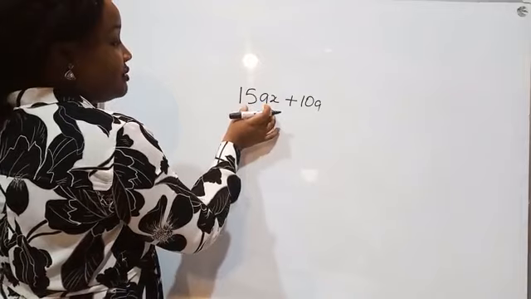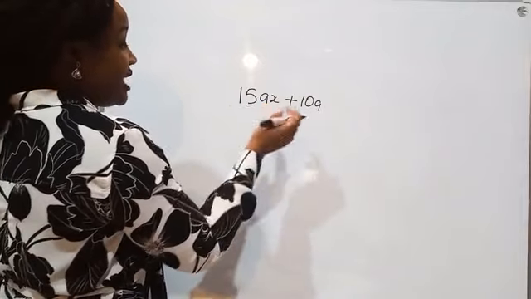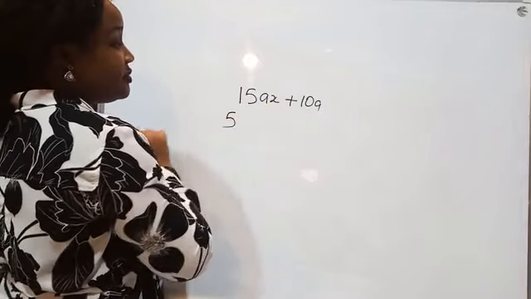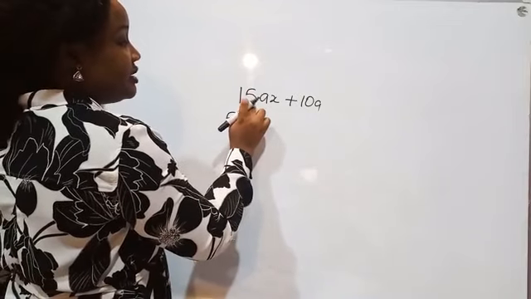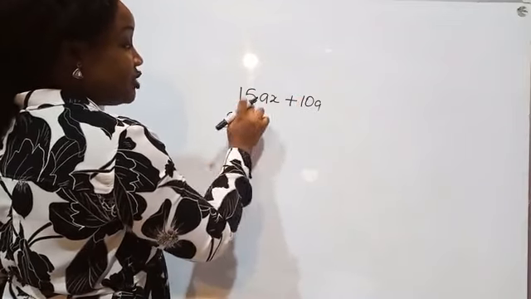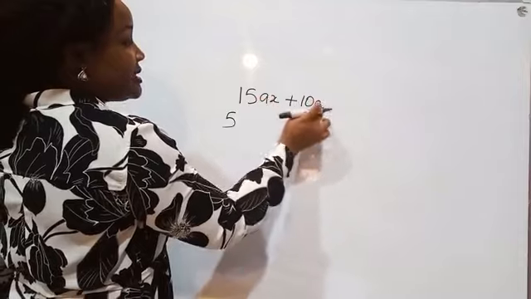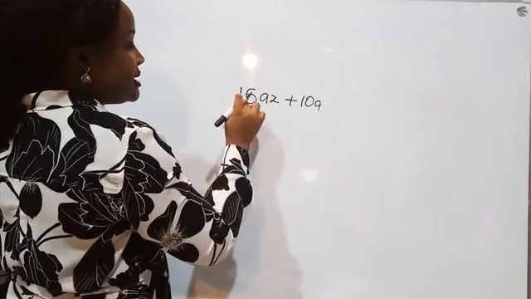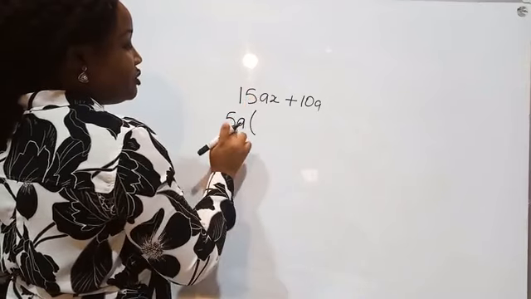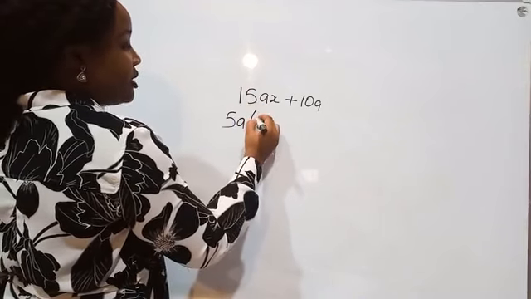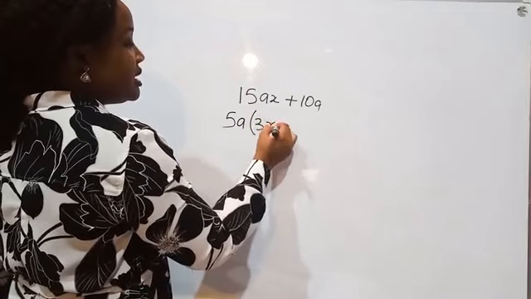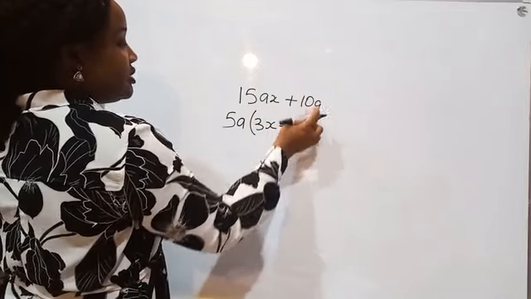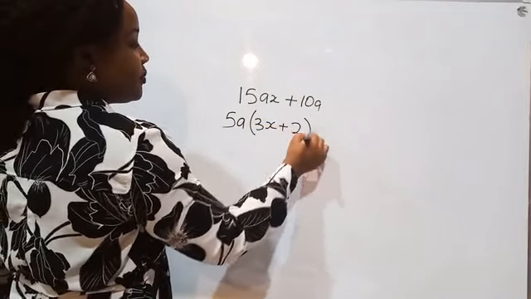You have 15ax and you have 10a. What do they have in common? You have 5. 5 is the highest common factor of 15 and 10. Then ax and a, you have a. So, brackets. When you take 5a from here, you have 3x remaining, and you have 2 here.